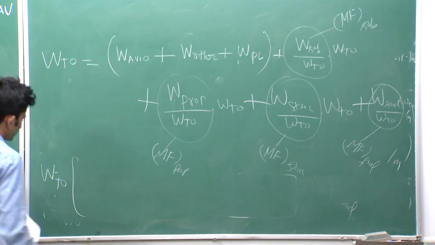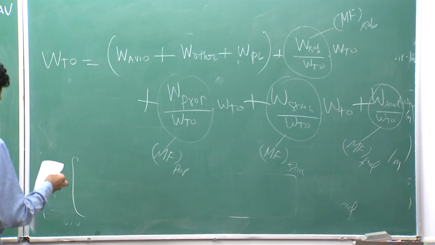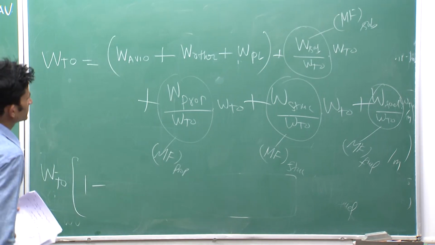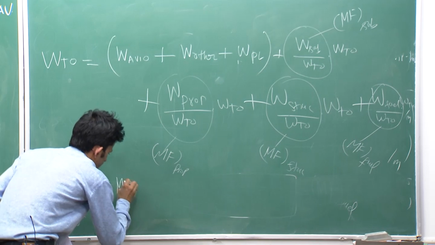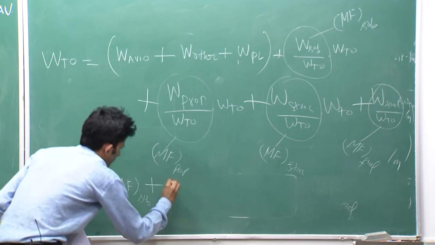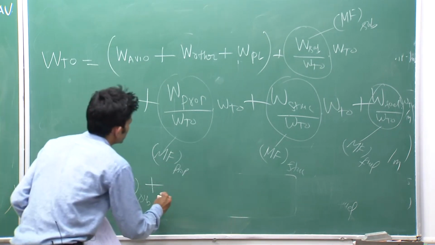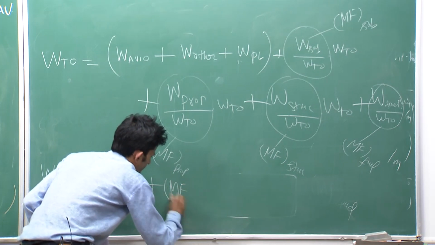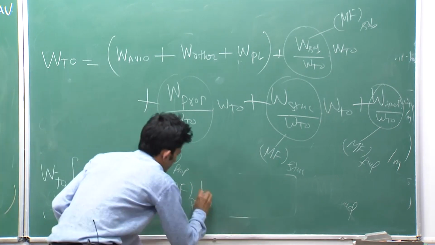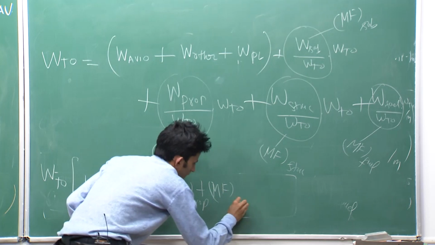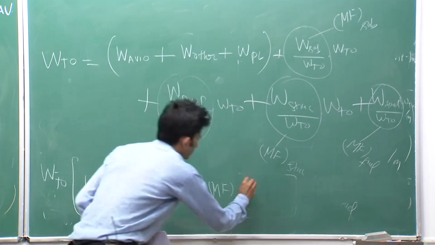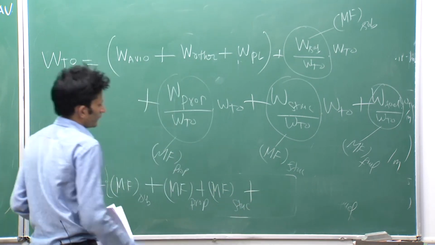W takeoff will be common, then 1 minus a bracket of mass fraction of subsystem plus mass fraction of propulsion system, not propeller, plus mass fraction of structures plus mass fraction of fuel.